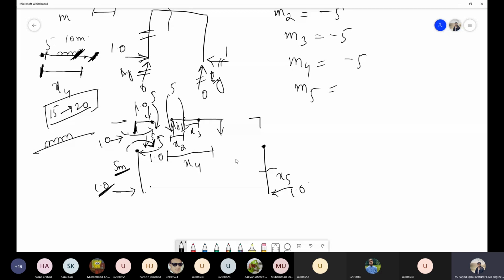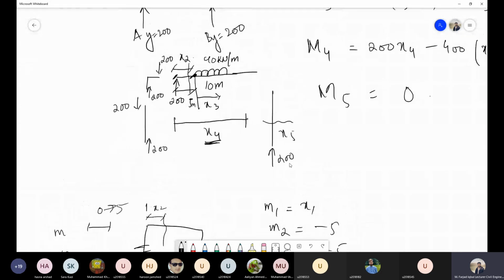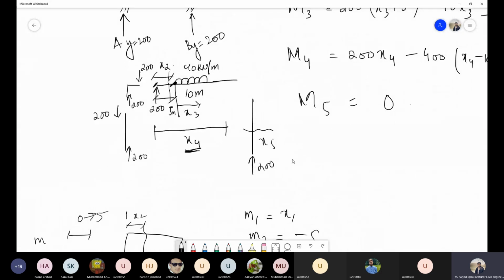There are two ways to do it. Either you start from this one and transfer all the forces to this particular joint, or the easiest way is, you should start from the right end. It's up to you. So by starting from the right end, you are getting the equation as x5. But why am I doing it from the right side? Because in this initial structure, I did it from this end. For example, that is 200 into, in that case it was 0.